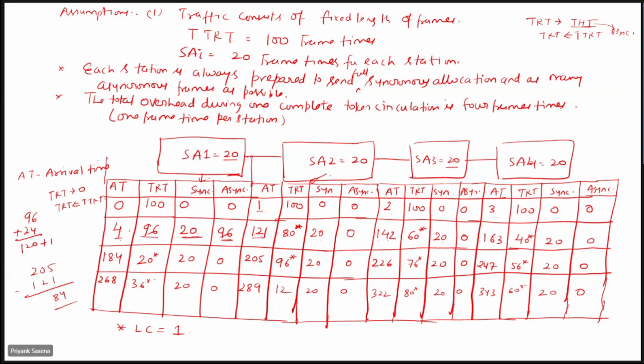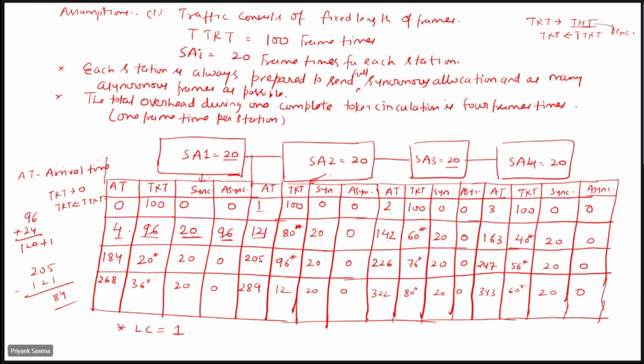So this is an example where we have assumed that the traffic consists of fixed length frames. TTRT value is given as 100 frame times. What is TTRT? Someone can comment what is TTRT? TTRT is the target token rotation timer.